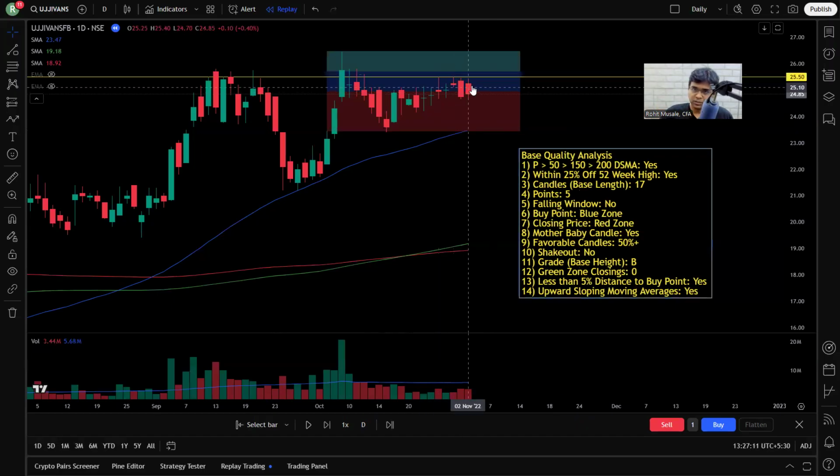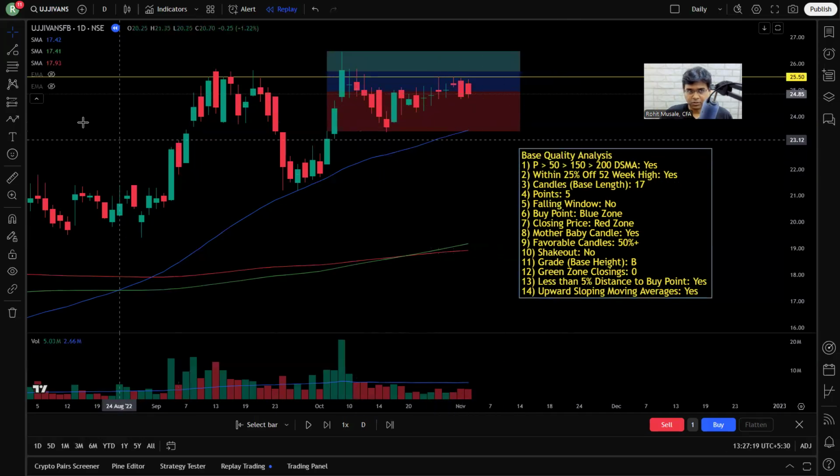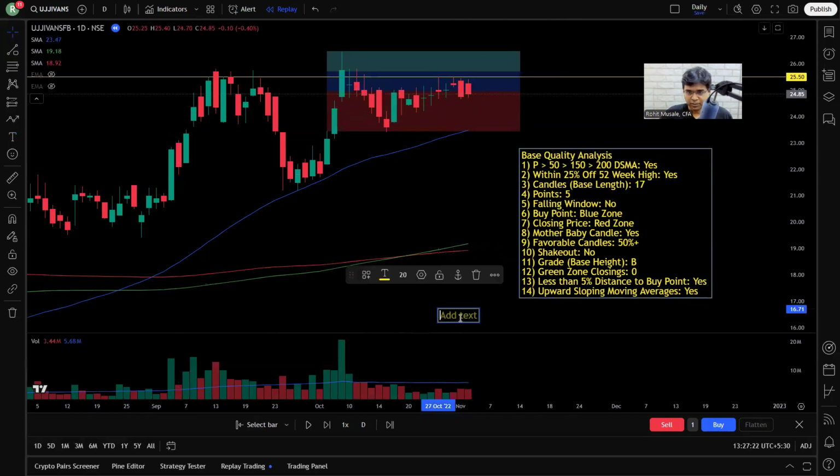So now if you see, this is November. So November means at that time we have the September quarter earnings. And by the way, this stock in September 2022, the EPS growth was 200% in that quarter.